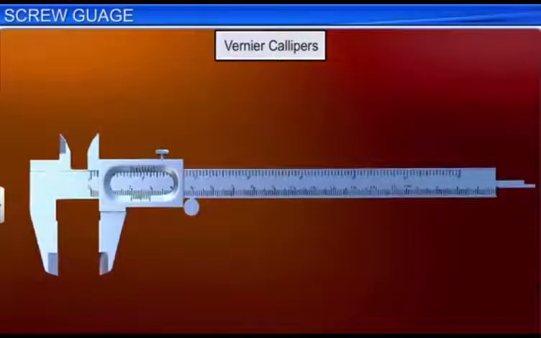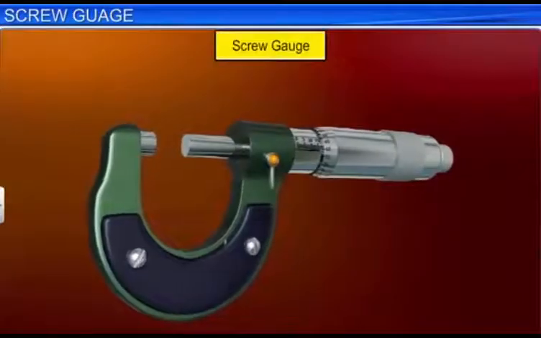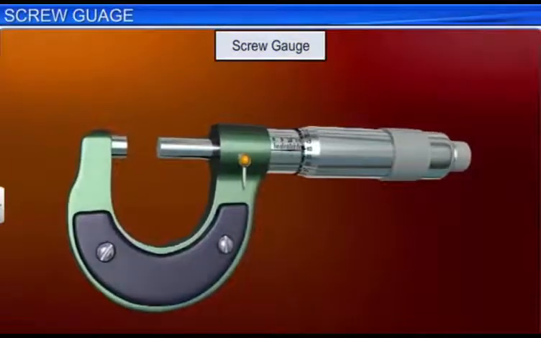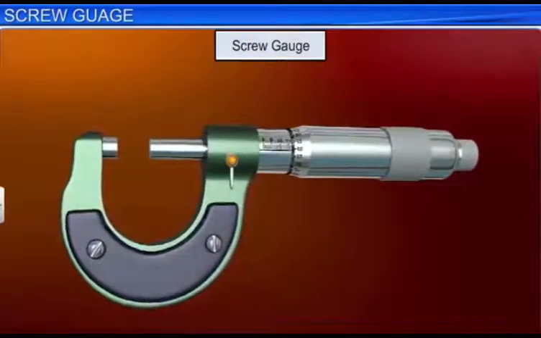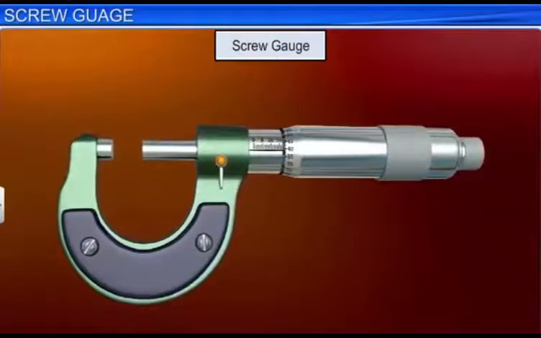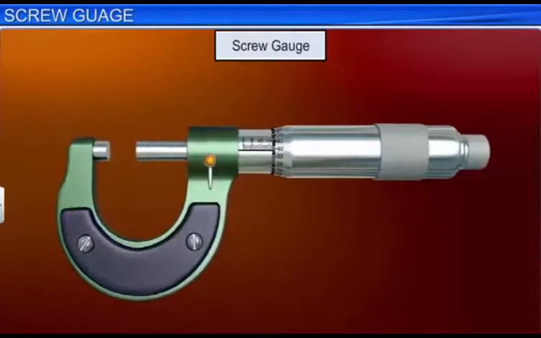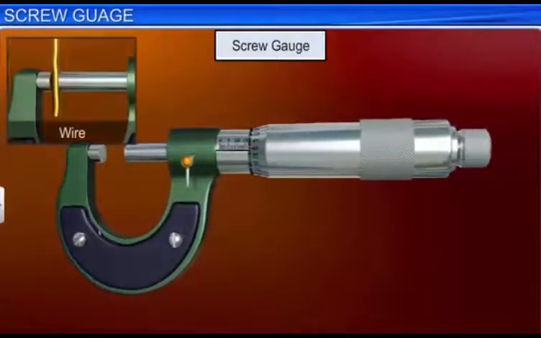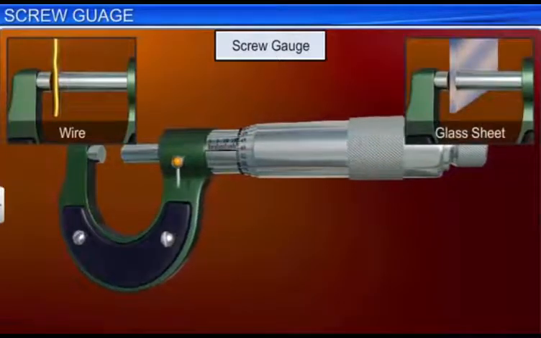Therefore, you cannot use it to measure any dimension less than 0.1 millimeter accurately. A screw gauge is used in such cases. It is used to measure up to 0.01 millimeter with greater accuracy. Thus, it can be used to measure the thickness of thin objects like wires, glass sheets, and so on.